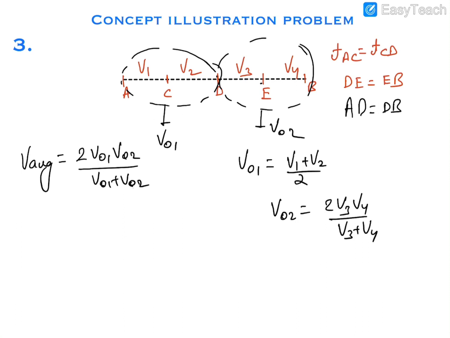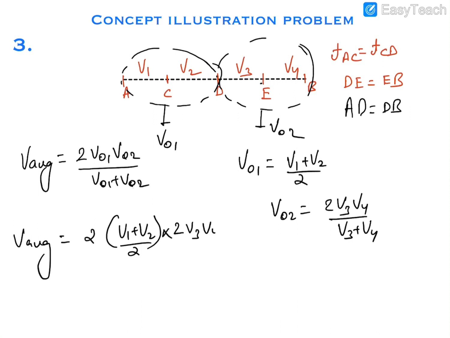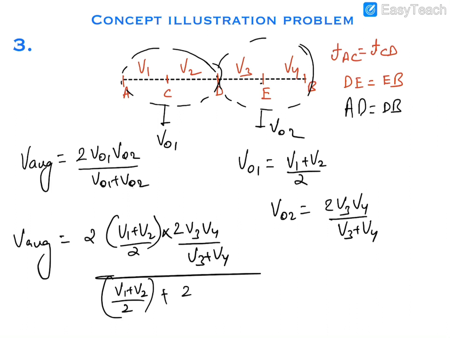Now we can substitute this value here. So v average would be 2 times v01, which is (v1 plus v2) by 2, times v02, which is 2 v3 v4 upon (v3 plus v4), divided by v01, which is (v1 plus v2) by 2, plus 2 v3 v4 by (v3 plus v4).